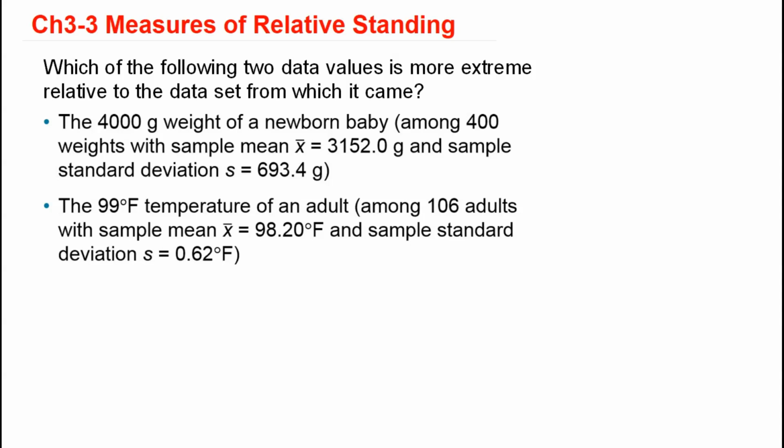Let's read the example. Which of the following 2 data values is more extreme relative to the data set from which it came? The 4,000-gram weight of a newborn baby among 400 weights with sample mean 3,152 grams and sample standard deviation 693.4 grams, or the 99 degrees Fahrenheit temperature for an adult among 106 adults with sample mean 98.2 degrees Fahrenheit and sample standard deviation 0.62 degrees Fahrenheit.